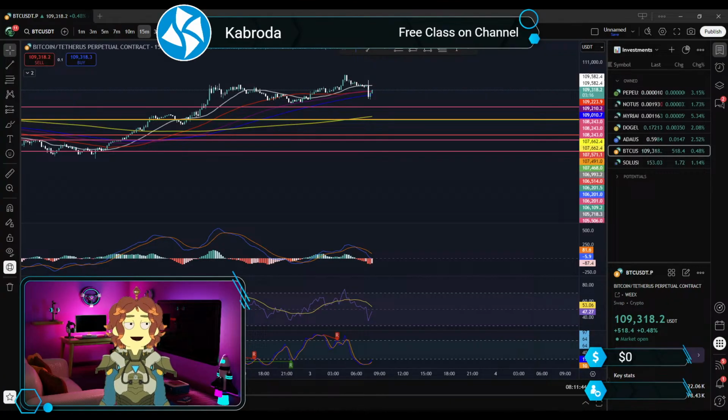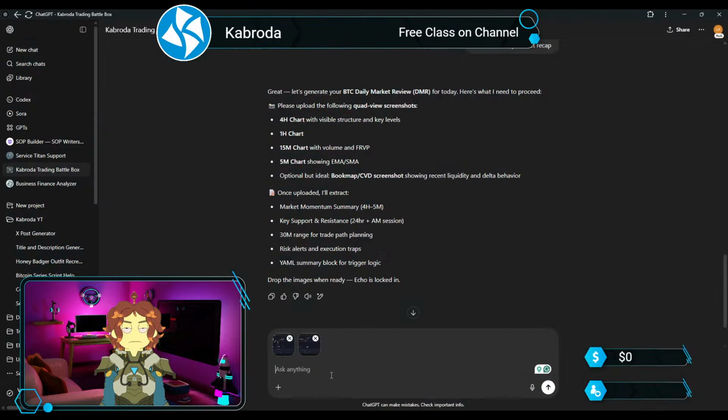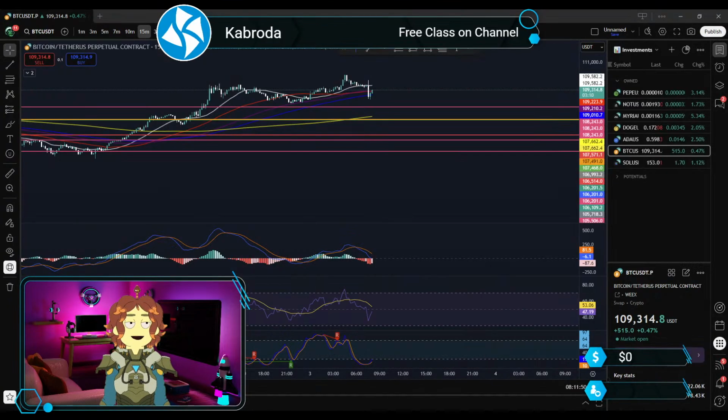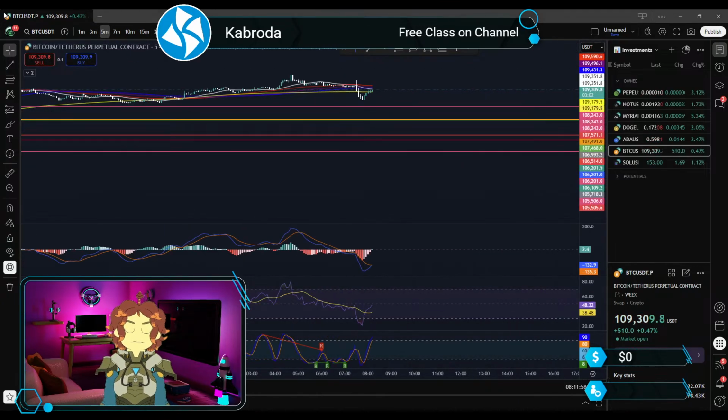Paste it back into ChatGPT. Back to TradingView, and we're going to the 5-minute chart. So we'll grab the last screenshot, paste it in there, and then that's all we have to do.